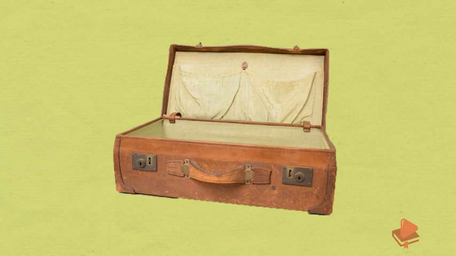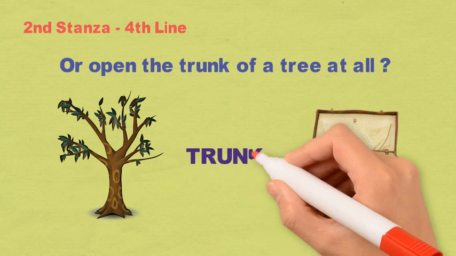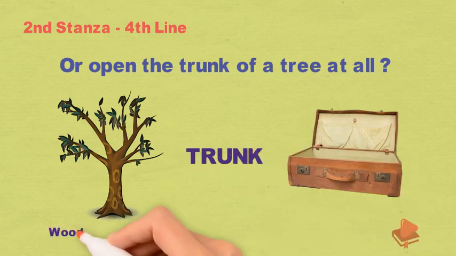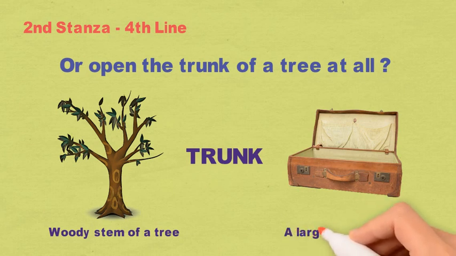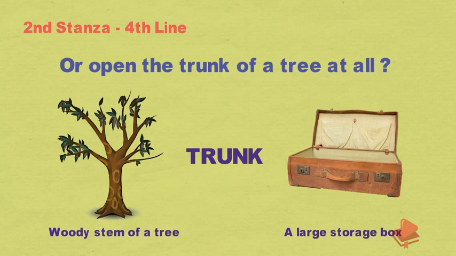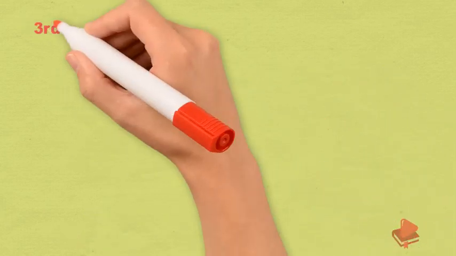So the homograph on both sides is trunk. On one side, the trunk means the woody stem of a tree, whereas on the other side, we can see a large storage box. So the poet wonders if you can open the trunk of a tree at all. So trunk is a homograph in this sentence.